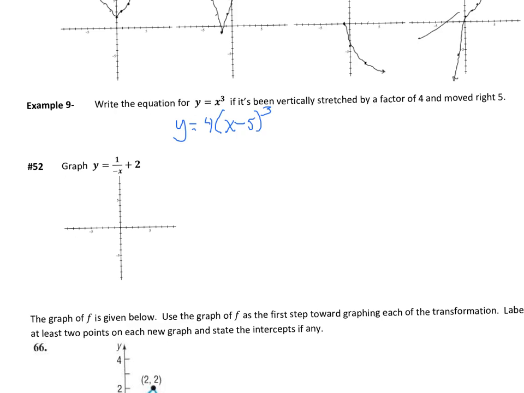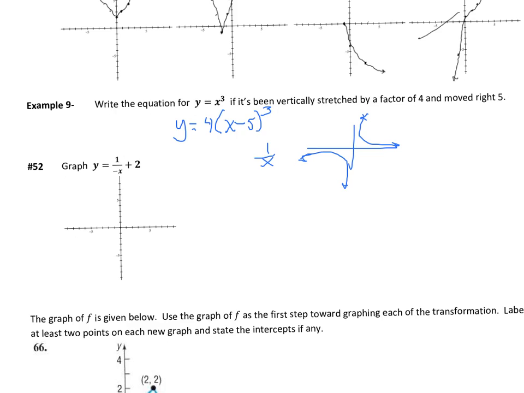What does 1 over x look like? Remember? So 1 over x, remember, looks like this. So we're going to flip it over. Actually, we're going to shift it up 2, and then we're going to flip it.